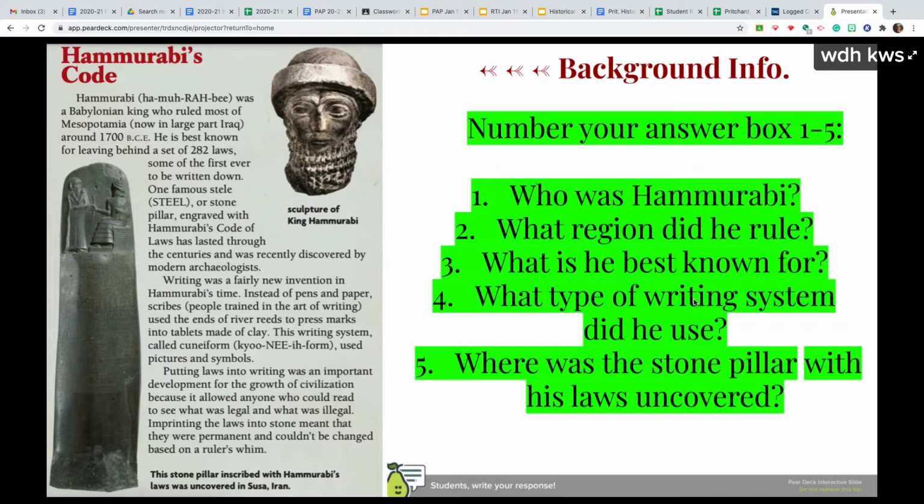Okay, beside number 2, you're answering the question, what region did he rule? Number 3, you're typing what he is best known for.